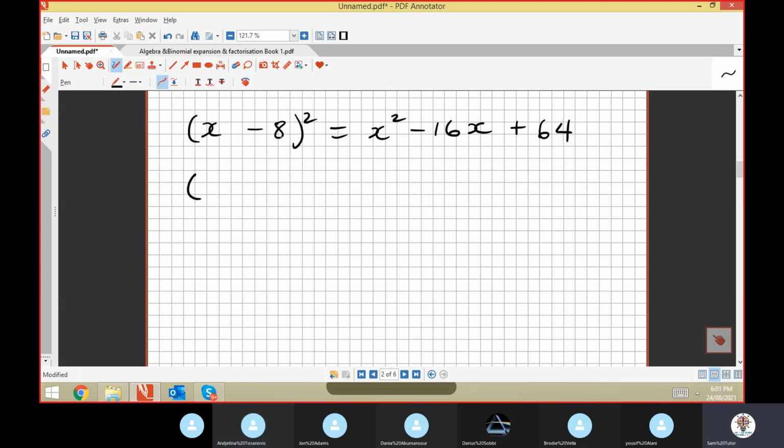I'm going to take it one level higher than this now. (2x + 3) squared. Be careful, is all I'm going to say. 4x squared plus 12, oh sorry, plus 9.